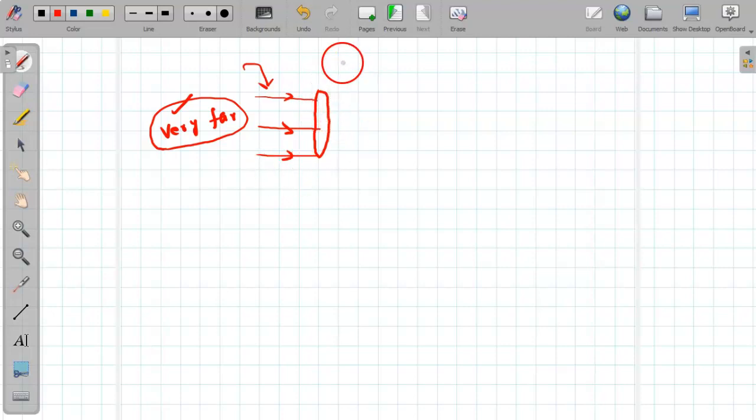And this is a convex lens, another name is converging lens. All the parallel light rays are converged at a certain point. This point is called the focus, symbol capital F.